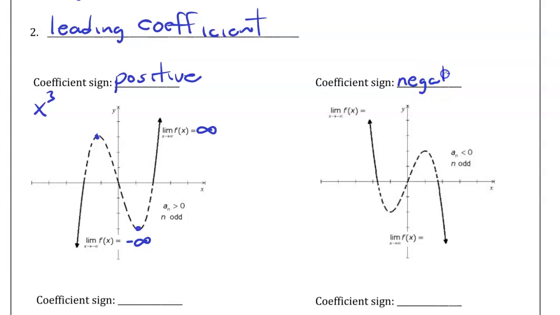You can try this on your graphing calculator: type in a negative x to the third with a bunch of stuff after it, and you'll see the left-hand side is always up and the right-hand side is always down. These are things we can always count on to be true. So in this case, as we approach negative infinity, as we go towards the left, f of x is going to go up. It's going to increase. Whereas at positive infinity, we're going to decrease, go down forever.